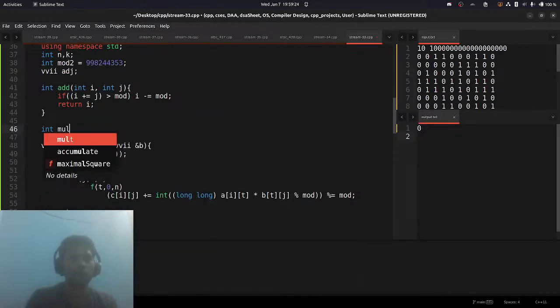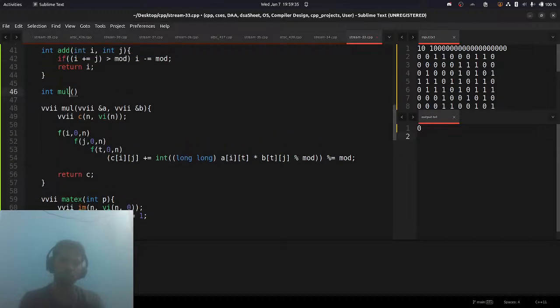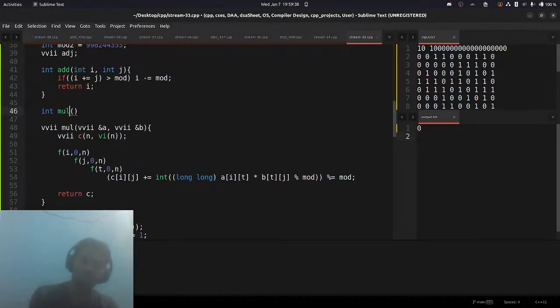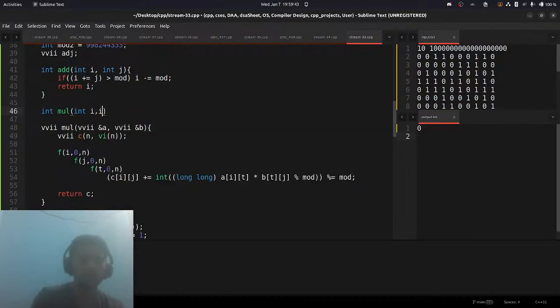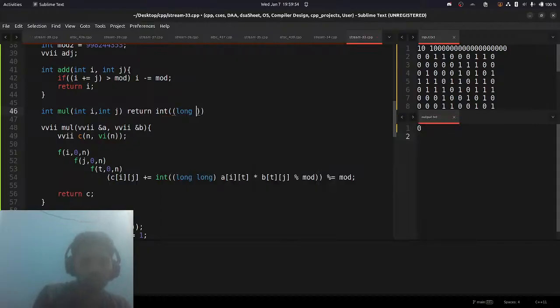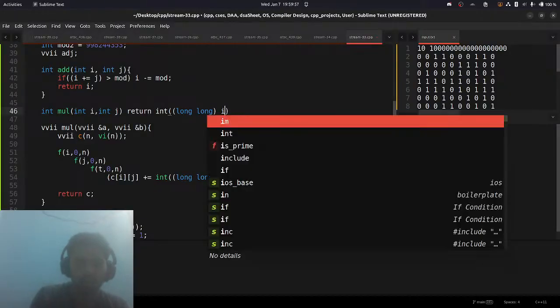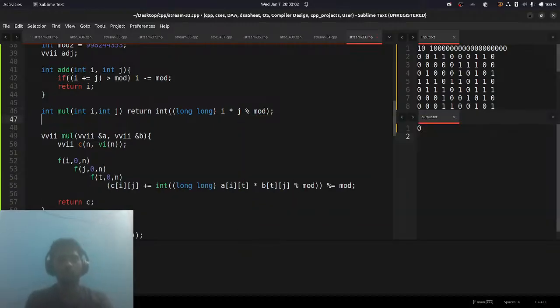We have a multiplication. In this multiplication, what it does is we have i and j, and we're just going to return int of long of i multiplied by j modulo mod.